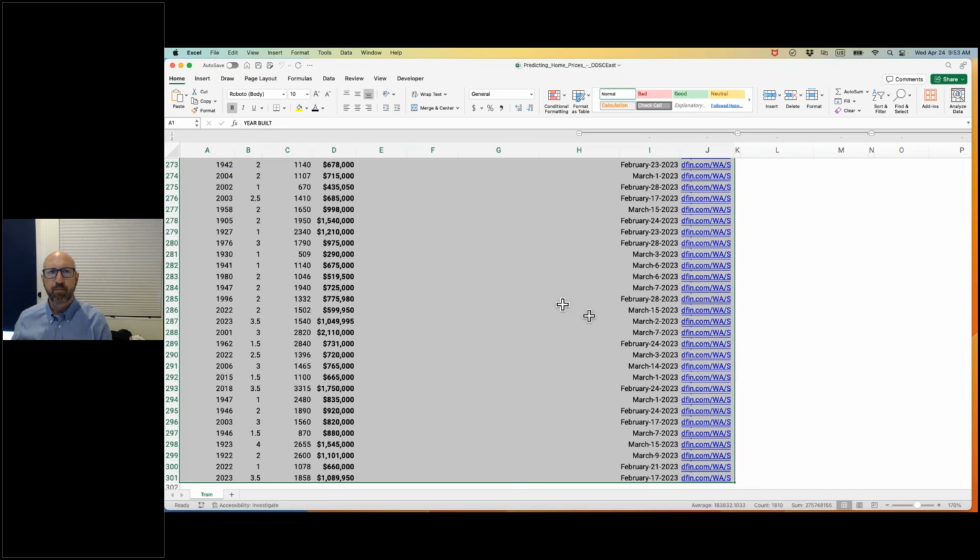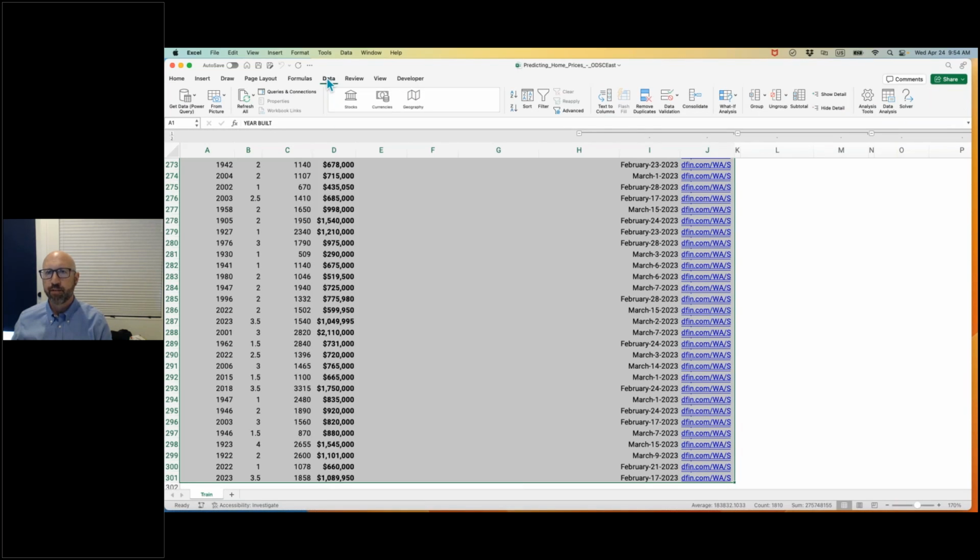Once it selects my whole table, I'm going to go into Data here at the top and Filter. So again, select a cell in your data, click on Command A or Control A, depending on whether you use Mac or Windows. Go into the Data tab and click on Filter.